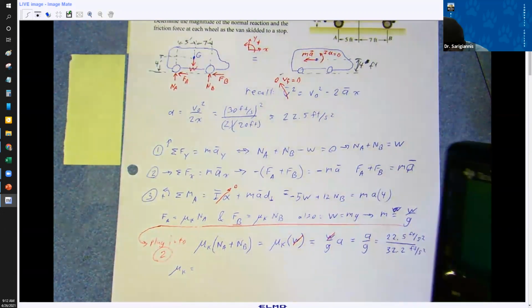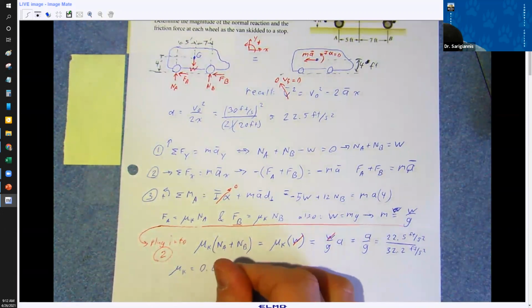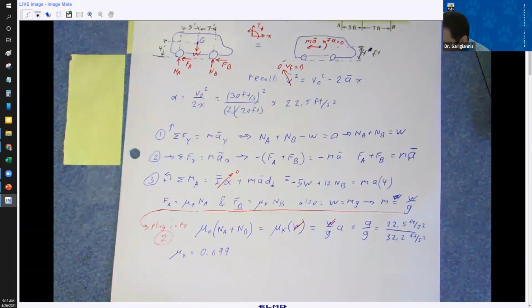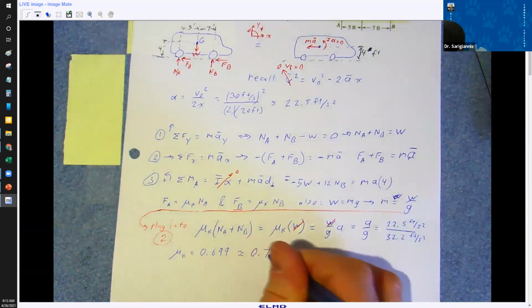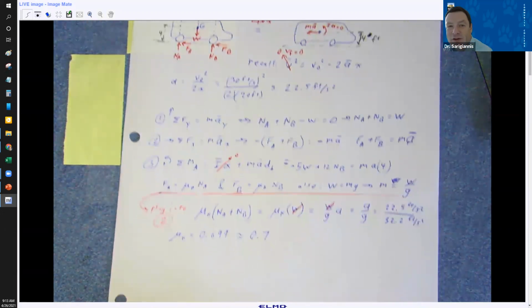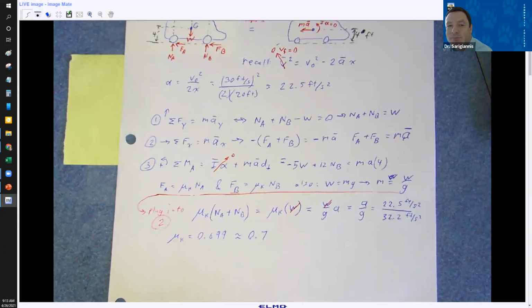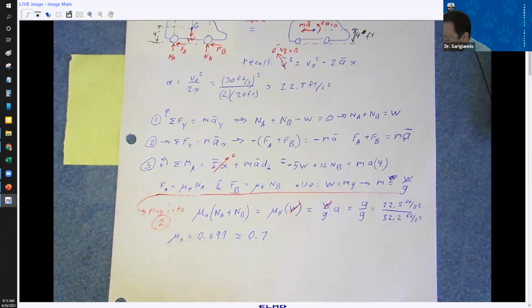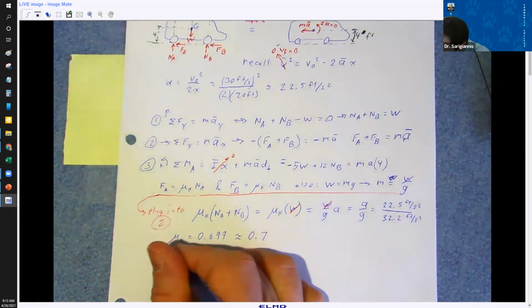Oh, that's why I rounded it. Basically 0.699. Or, I mean, you could say approximately 0.7, right? That's the coefficient of friction between the tires and the vehicle based only on that information. And notice everything canceled, right? All the other terms that we didn't know canceled away.